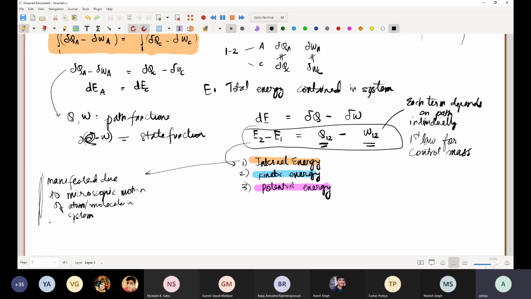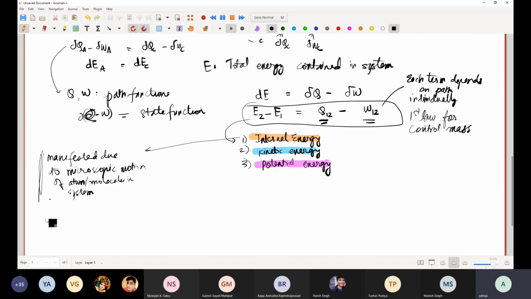If the amount of collisions and vibrations of the molecules increases, we say that the temperature has increased, and the temperature increase that you perceive as something measurable is basically a statement which says that the internal energy has also increased.